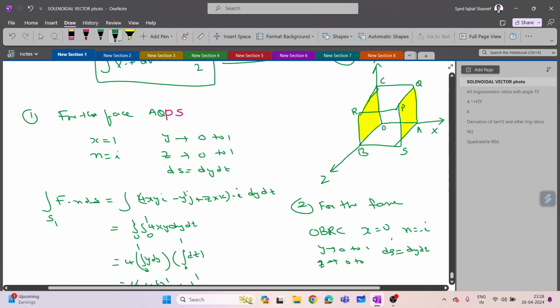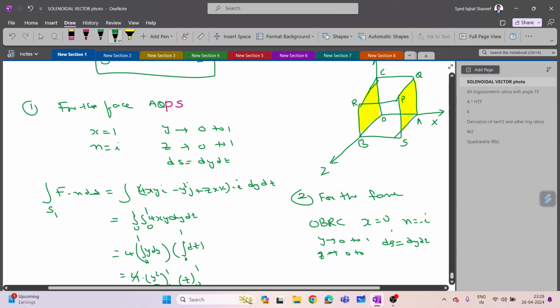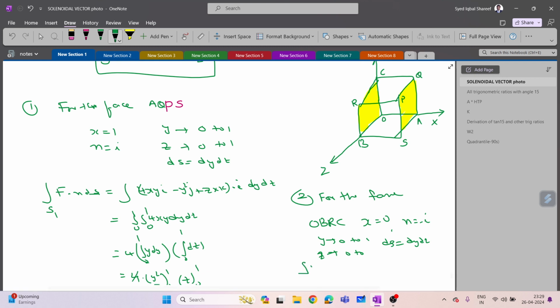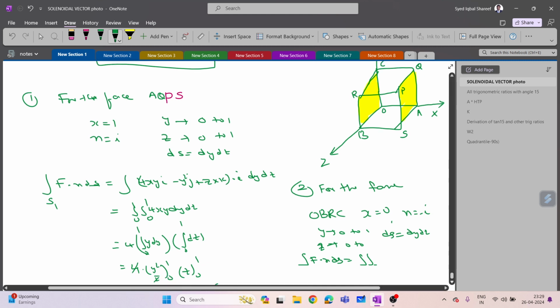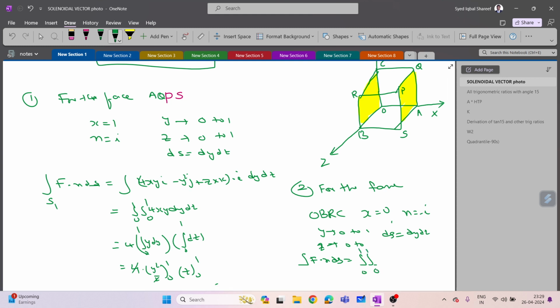Now taking surface integral F dot n dS, if you go with this i means 4xy, this one is there, double integral, it will be same, and n equal to minus i, this will be minus 4xy dy dz.